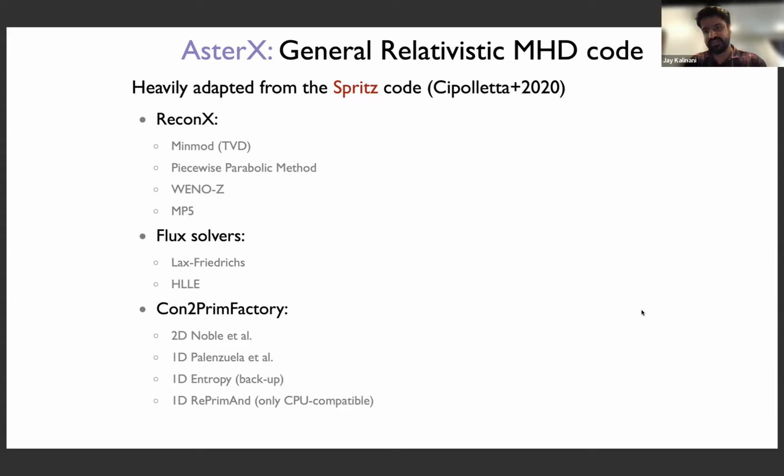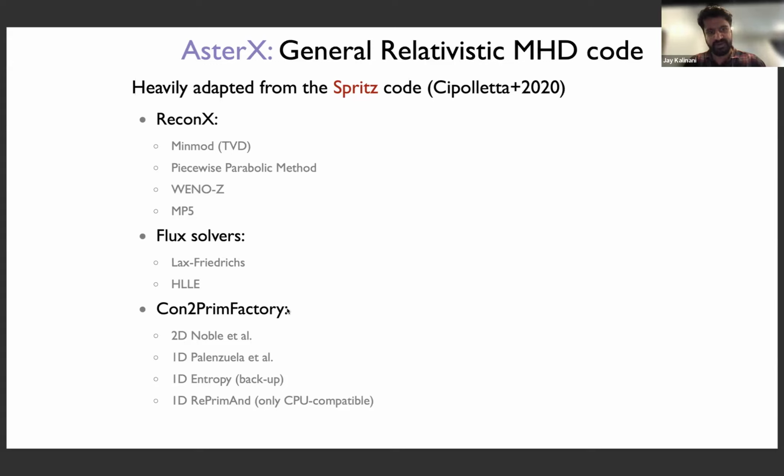We have different modules, or thorns, for example for reconstruction schemes. We have a thorn called ReconX, which provides different reconstruction schemes like MinMod, PPM, WENOZ and MP5. Next, we have the flux solvers that I also talked about, for solving the Riemann problem.